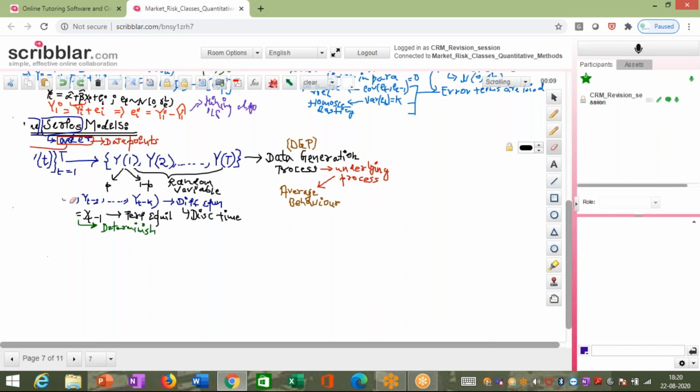How do we assess the optimal number of lags, to what lag should we consider the models? These are some of the important questions that we need to look into.